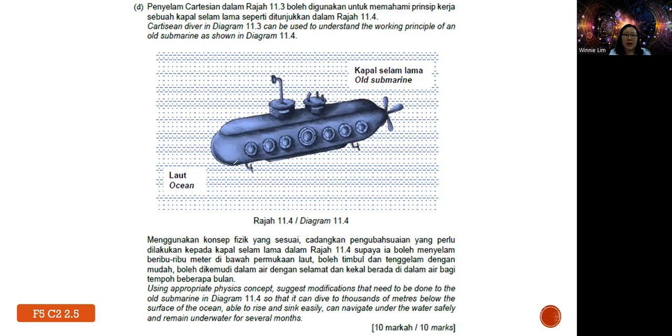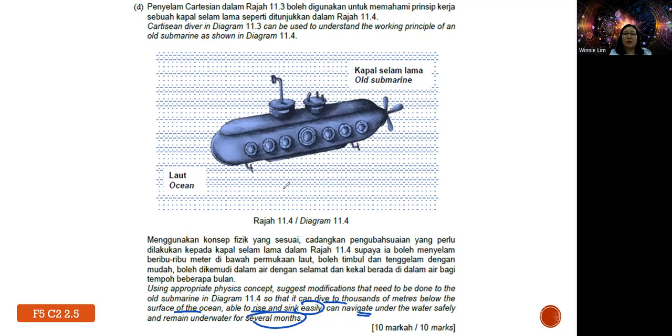Okay, so for this idea, again, you need to construct a table. You need to talk about how it can dive and rise back easily, then how it can navigate and see things clearly, and remain for a few months.